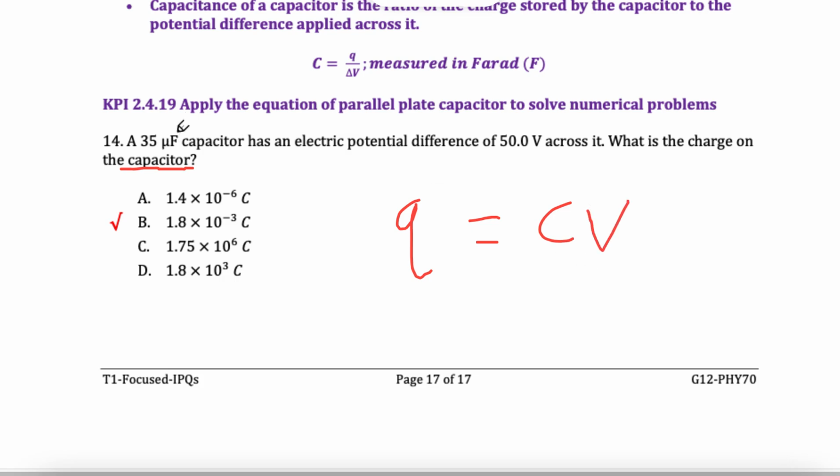Farad is the unit for capacitance, so you will write that for C. Don't be confused, because this C is coulombs, which is the unit for charge. Farads is the unit for capacitance. So that multiplied by that, 35 times 10 to the minus 6, that's a 6, multiplied by 50. Putting that into your calculator, hopefully you get this number here.